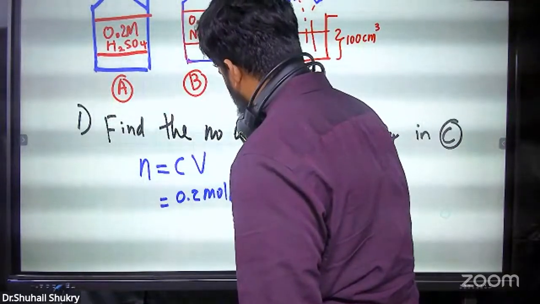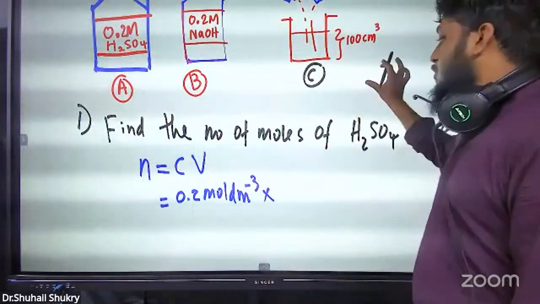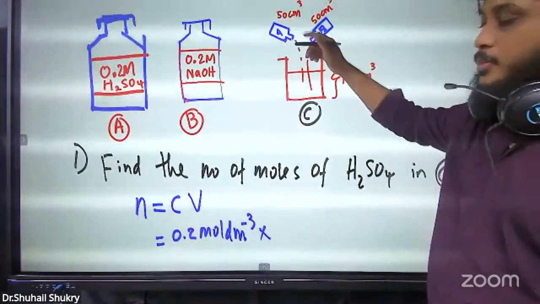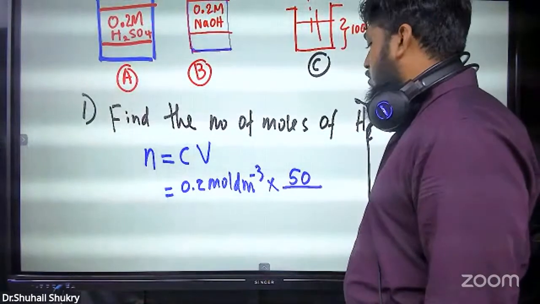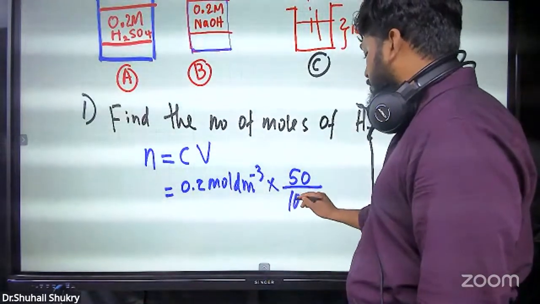What is the volume? We have put only 50 cm³, so volume I can use 50. We have to convert to dm³, so divide by 1000.